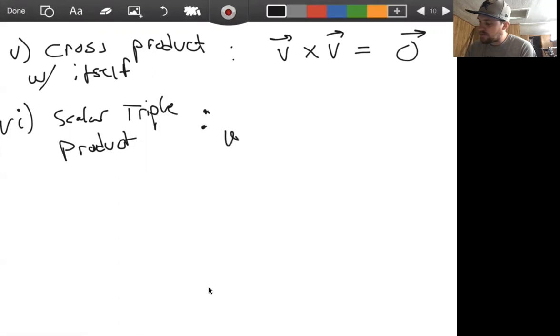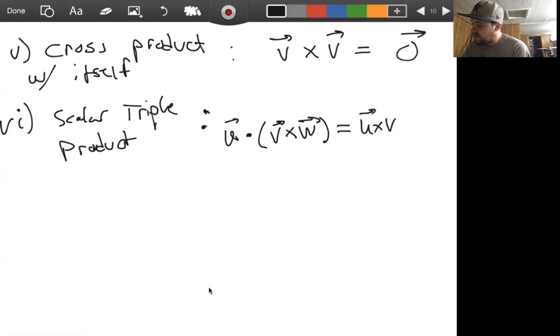The scalar triple product is U dot V cross W. This is the scalar triple product. And the property here is that this is the same as U cross V dot W. So here's a handful of properties that the cross product enjoys.